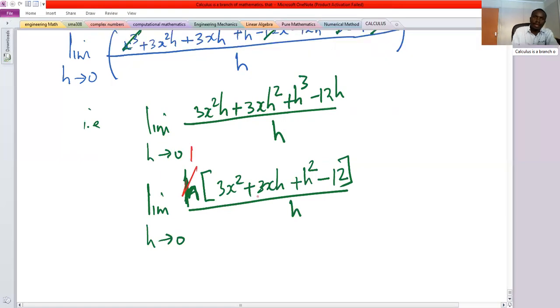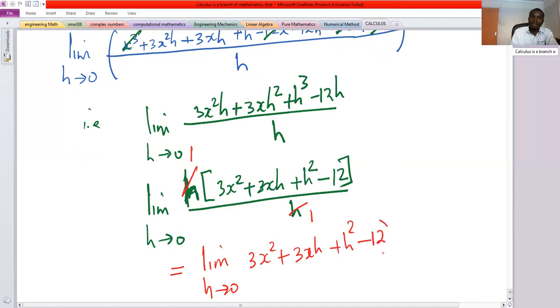Now h and h cancels out, so that we have limit as h approaches 0 of 3x squared plus 3xh plus h squared minus 12.